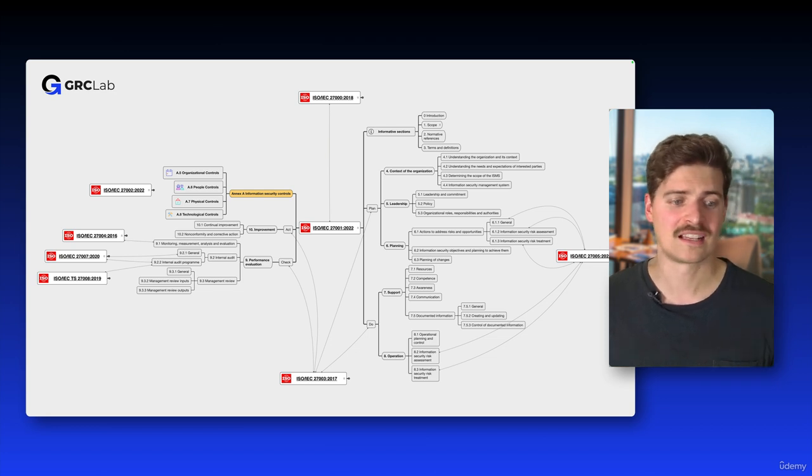But on the left-hand side, there's also standards that are about auditing and about monitoring and KPIs and about security controls and so on and so on. So there's plenty of information about pretty much every aspect of an ISMS that is covered in more depth and in more detail in the informative guidelines, which is the general and sector-specific guidelines.